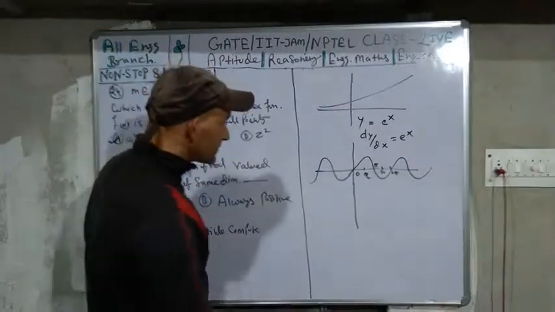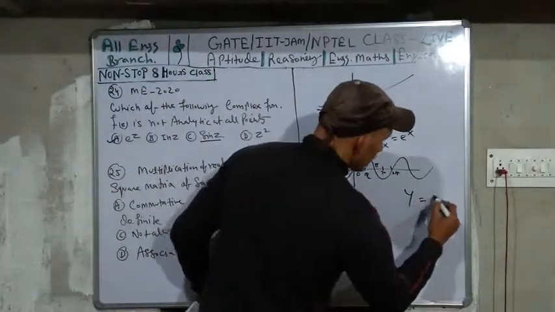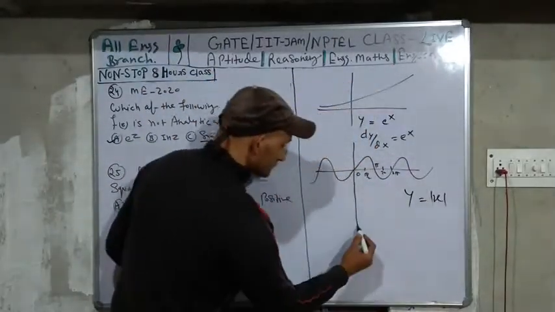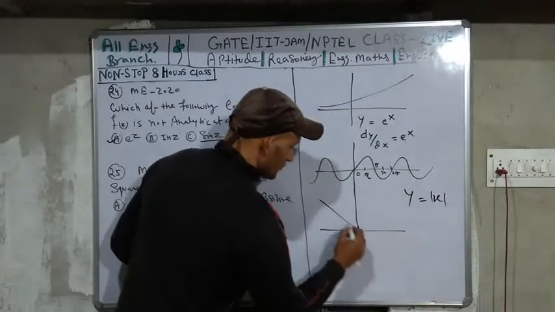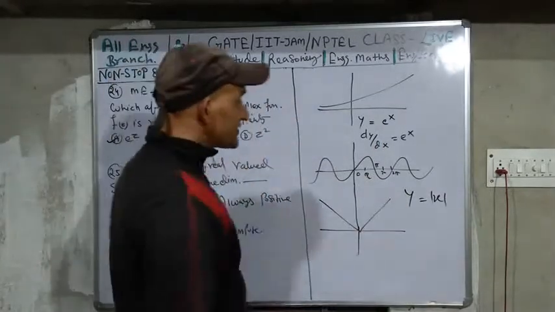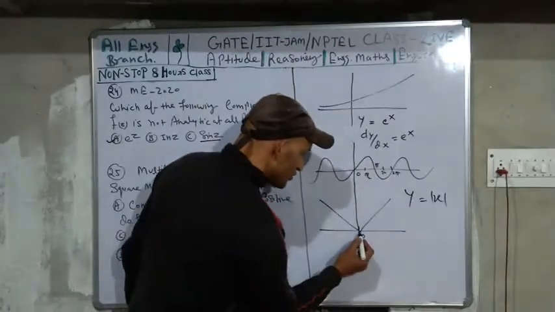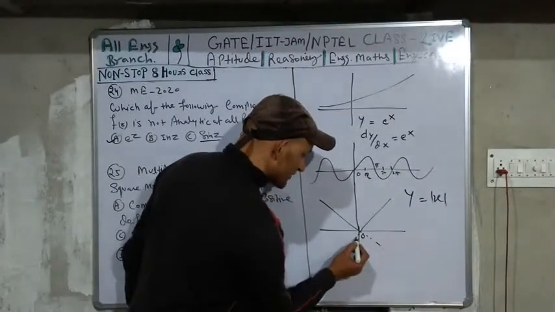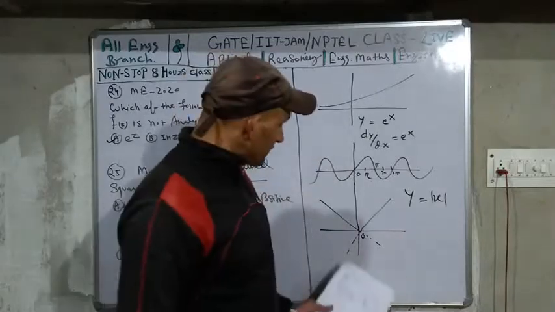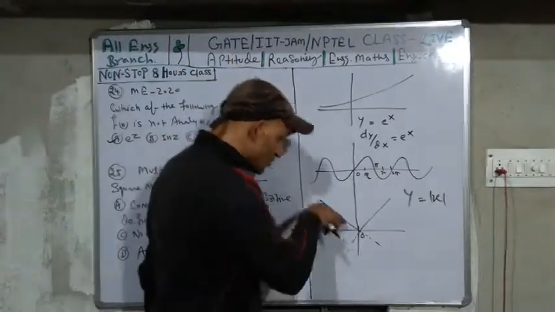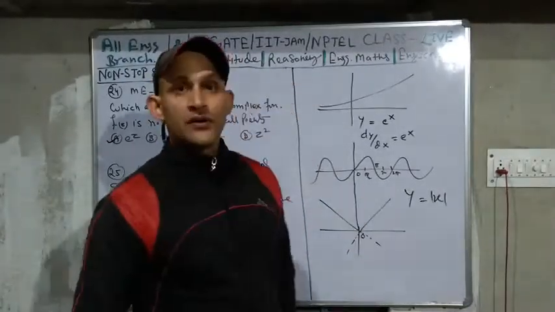Just take the example y equal to mod x. This function is differentiable everywhere except at 0. At 0 there are two tangents. You can see that the directions of the tangents are two: one is going here and one is going here.